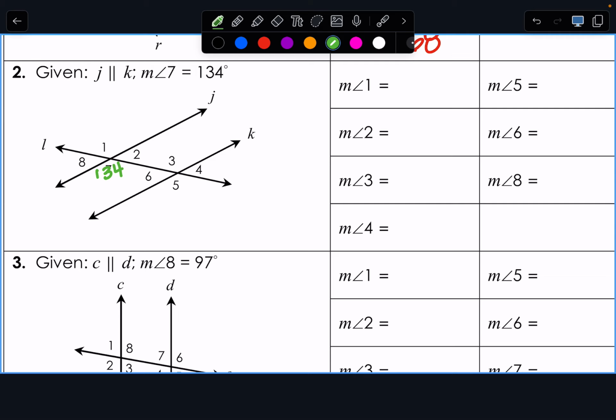Angle 5 is 134. What kind of angles are 7 and 5? I see one angle on the outside and one on the inside. Notice how they're in the same place? They're corresponding.